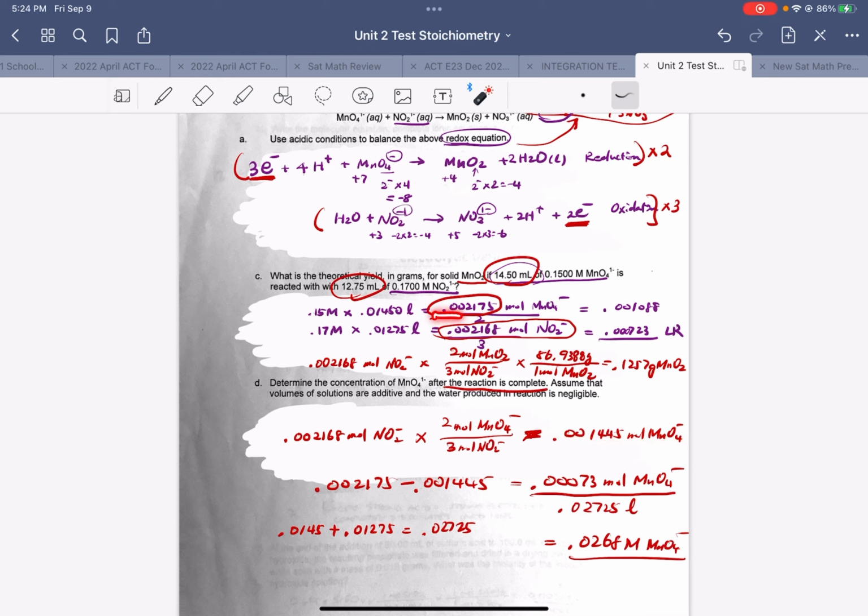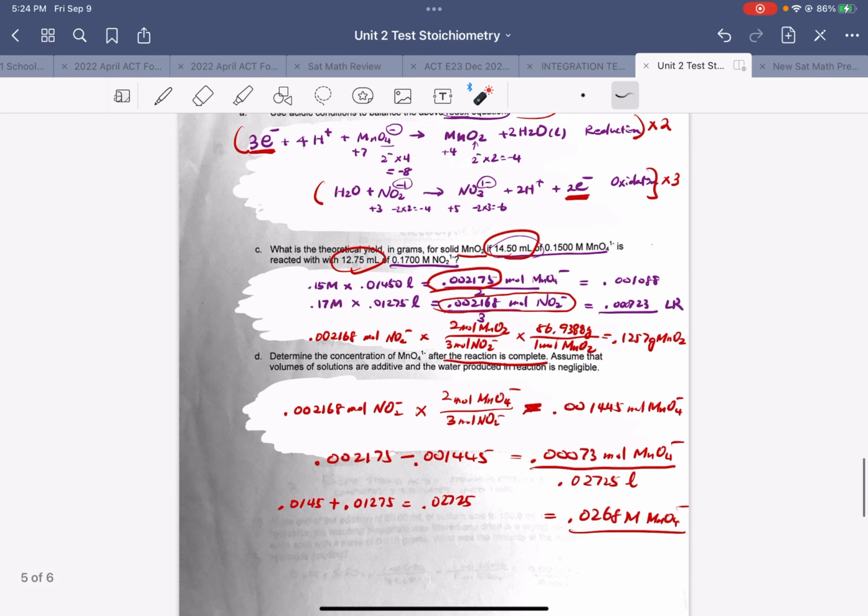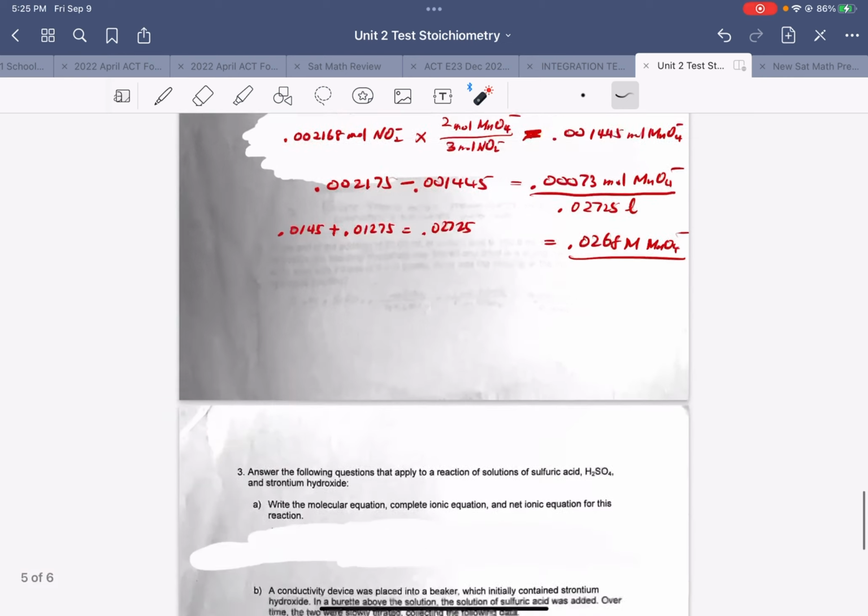But remember, initially you had this mole, since that was not the limiting reactant, the excess reactant. So that minus the mole you used, this much MnO4 is left. But they ask for the molarity, so divide by liters. When you add these 2 volumes, you get 0.02725 liters. When you divide, you get this molarity. Okay, so we can move on now.